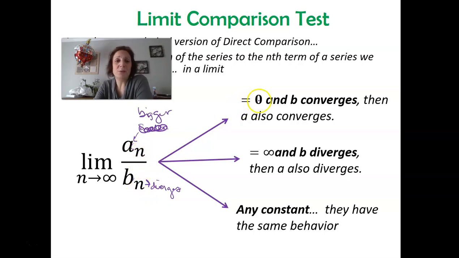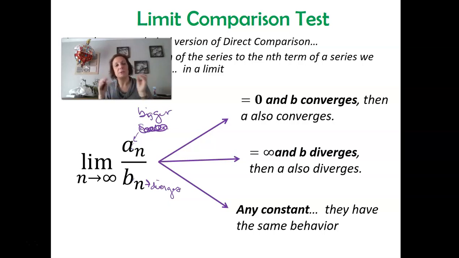Now again, I don't memorize this stuff. For me, it's more of let's think this through. If it went to 0, that means the top must have been smaller. So I just proved that my series is smaller than that guy. So I can only prove convergence if I have something smaller.